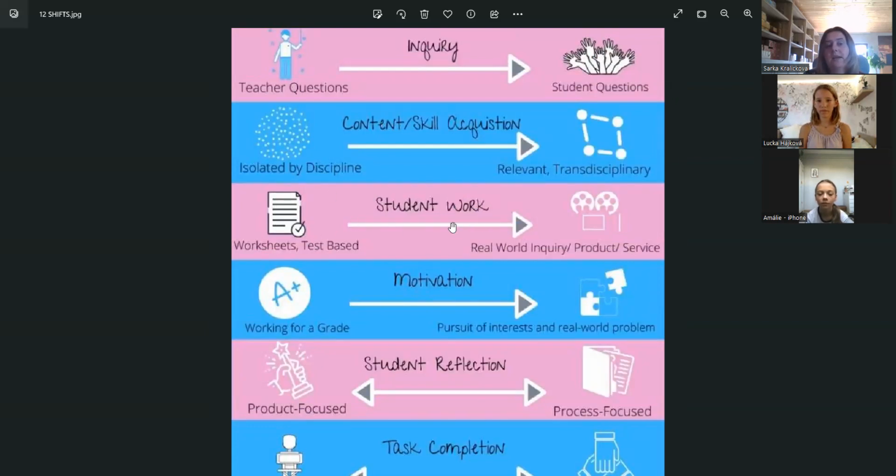Okay, so the next one is student work. How to go from worksheets and test-based teaching to real-world product and service inquiry. The old teaching was like they gave out papers to the students with questions there, or things they had to study from.